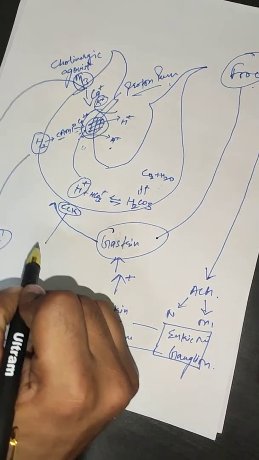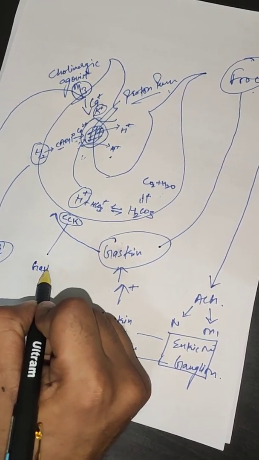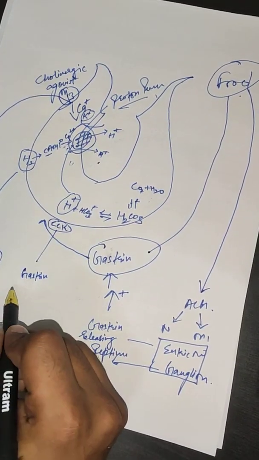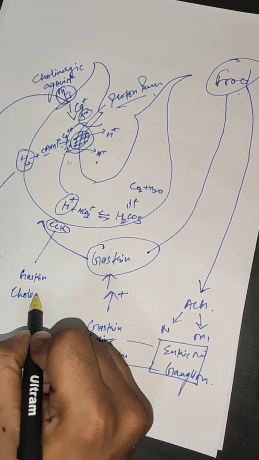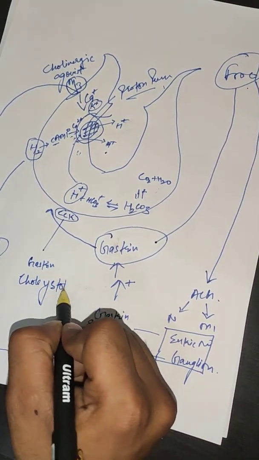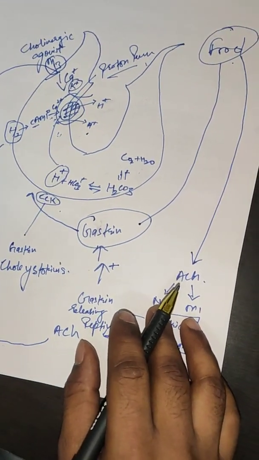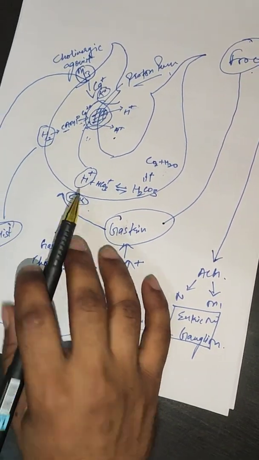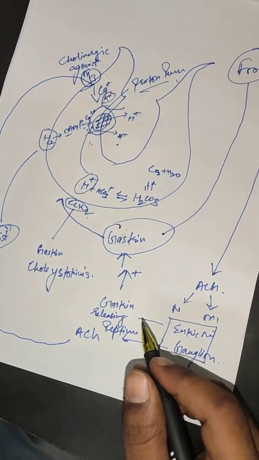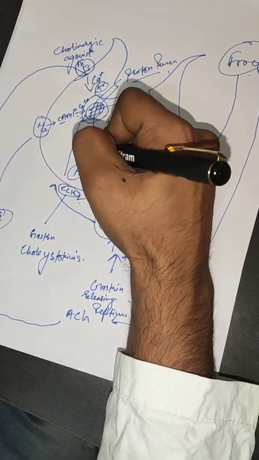This is the gastrin cholecystokinin receptor. This CCK2 also promotes the proton pump.